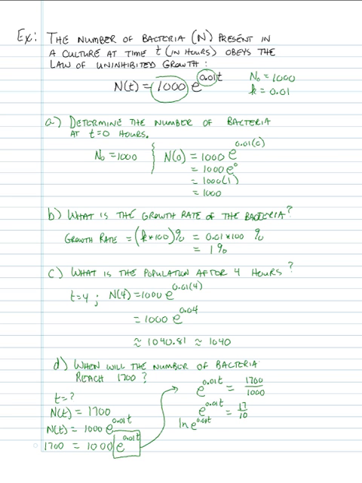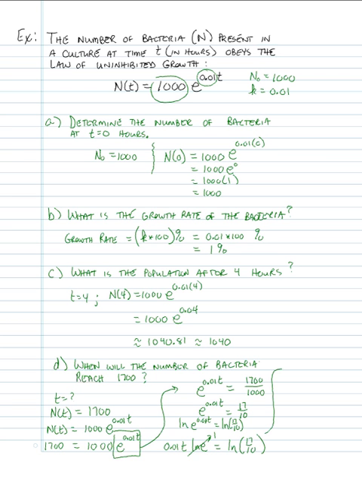Natural log of e to the 0.01t is equal to natural log of 17 divided by 10. I'm kind of cramming these things in there. And then I have 0.01 times t, bringing the exponent down, times the natural log of e, is equal to the natural log of 17 over 10. Now the nice thing about it is the natural log of e is just 1.